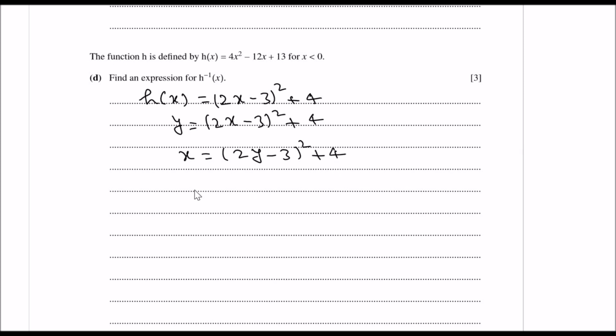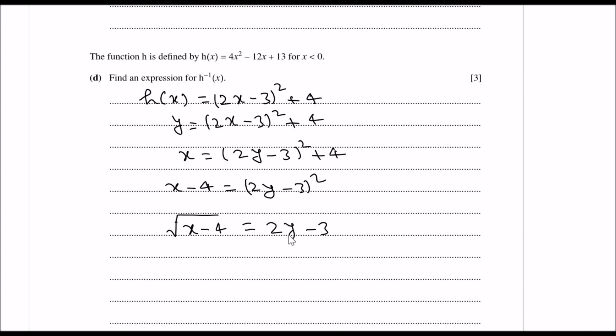Now we shift 4 to the left side, so we get x − 4 = (2y − 3)². Now we'll take a square root on both sides, so the square root of x − 4 is equal to 2y − 3.